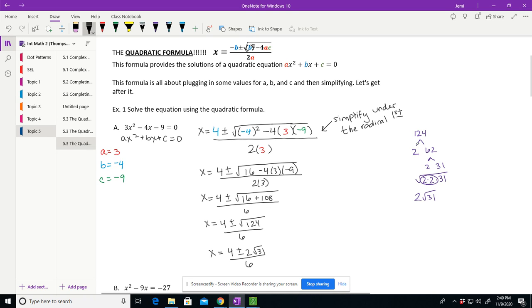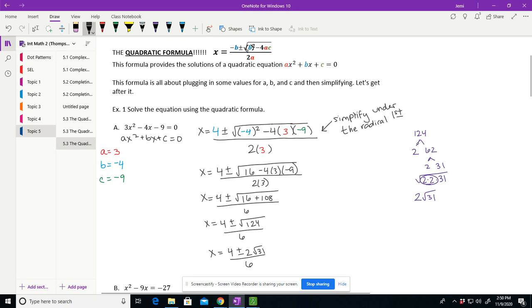So far, using a lot of skills that we've already used. And now we're going to go a step further. And this tends to be where students maybe have the hardest part, because this fraction looks so foreign. You've got plus and minuses and radicals and kind of weird stuff going on.